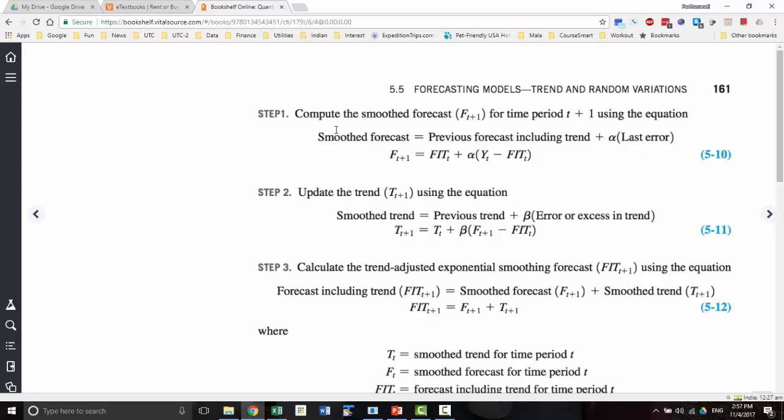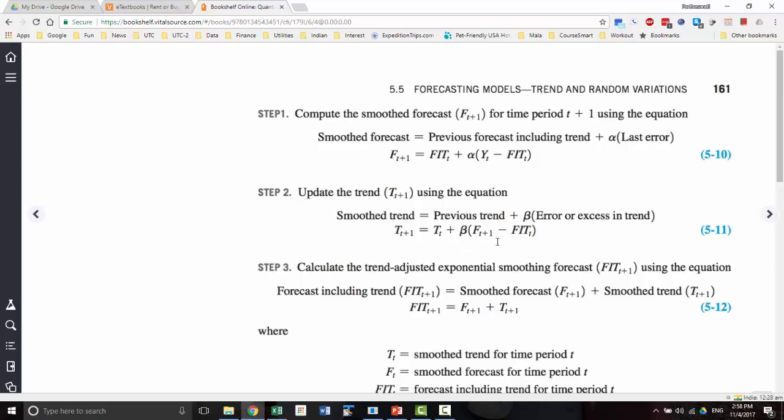Some people call it level. So level, and then you trend. The second part of the forecast is your trend. You're at the end of time period t, so you take what the trend portion was in the time period that just ended, and then you use a second smoothing constant called beta.